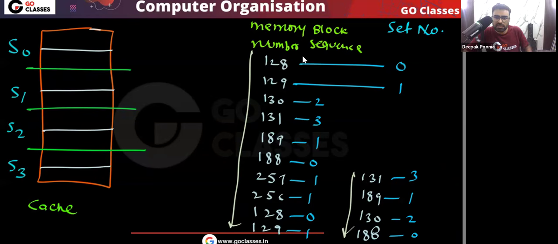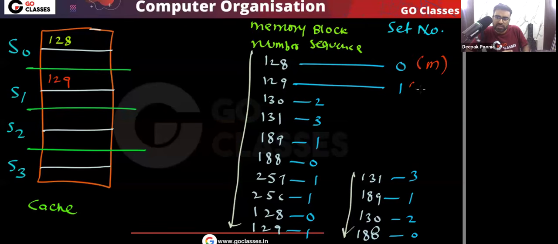You can see that block number 128 maps to set number 0. In set number 0, I can put block number 128 anywhere, so let me put it here. Next, block number 129 will map to set number 1. So these are misses, right?